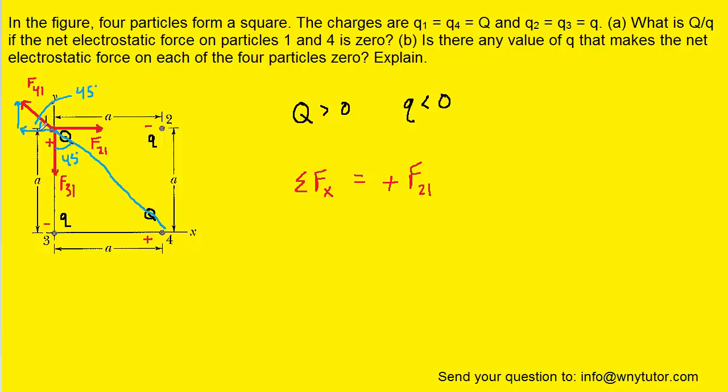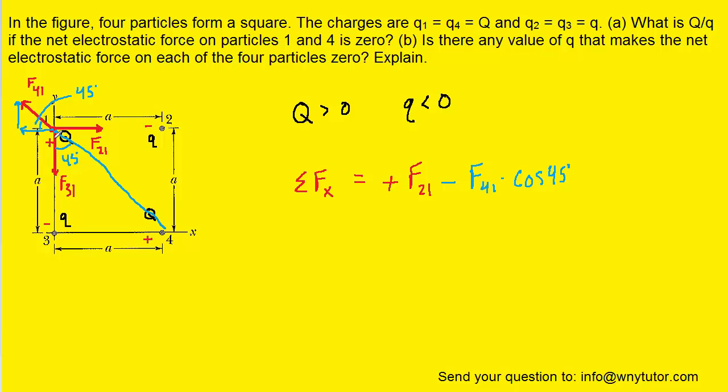That means that the x component of F41 is going to be F41 times the cosine of 45 degrees, because this x component is adjacent to the 45-degree angle, so we'll be using cosine. Furthermore, it's pointing to the left in the x direction, so it will be negative. So, in summary, we have minus F41 times the cosine of 45 degrees.